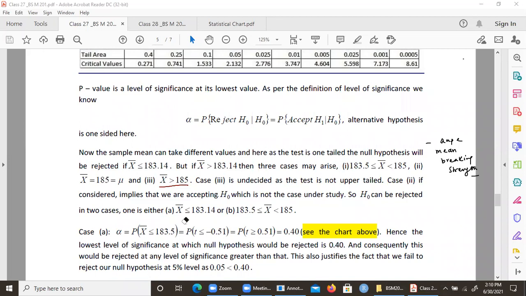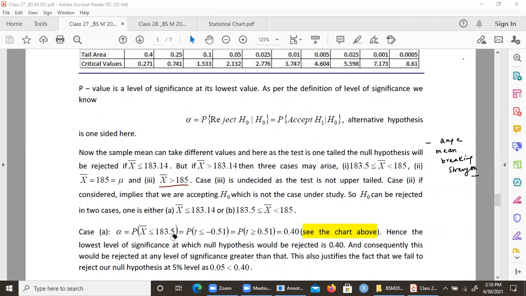Now, remember, listen to me very carefully. What is happening over here? Why am I considering this particular portion to be a rejection area? It is because 183.14 is actually less than 185. There is a difference between these two values. Now, if your X bar is further lesser than 183.14, that means it is further away from your hypothetical population mean.